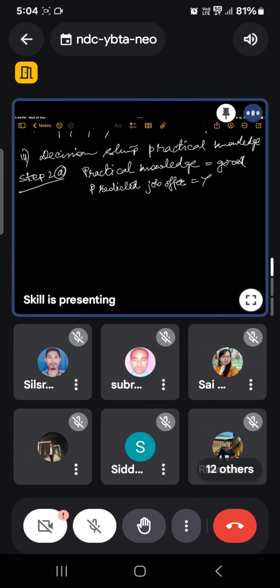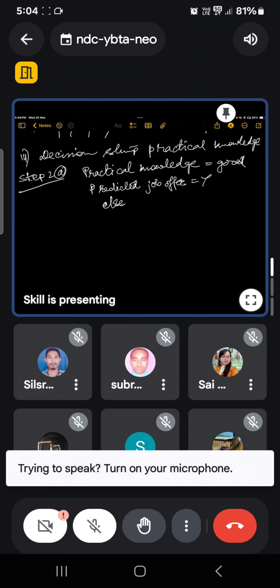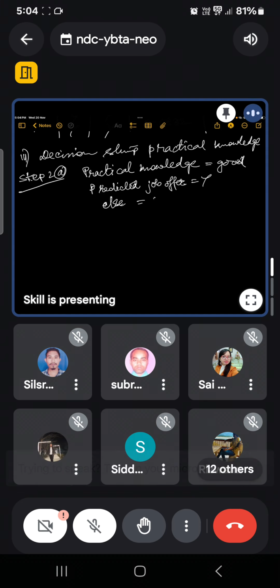If the practical knowledge is average, in this case, it's written in the previous table, then we will write else, predicted job offer will be no. So we'll update this in the table.